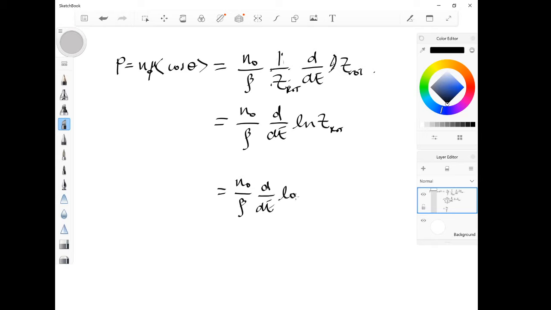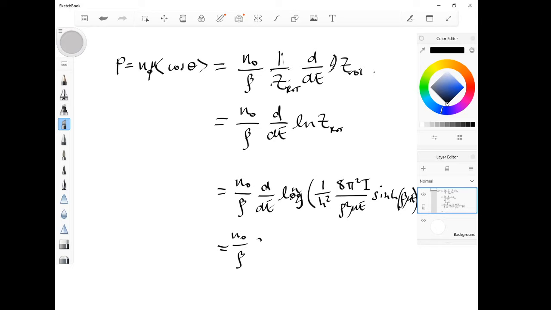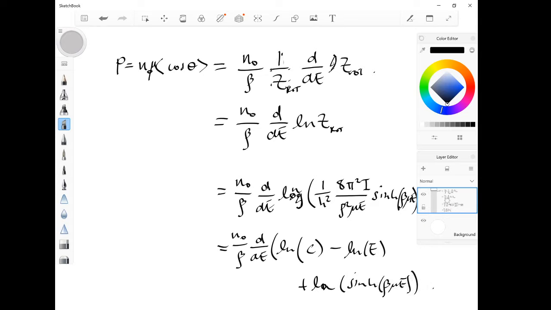So we have d/dE of log of 1 on h bar, 8 pi squared I beta squared mu E, and then sinh beta mu E. And if we break the log into 2 bits, so we have N naught kT d/dE of log of some stuff, let's just call it C, minus log of E, and then plus log of sinh beta mu E, and then we differentiate these bits. What we end up with is what we wanted at the beginning.